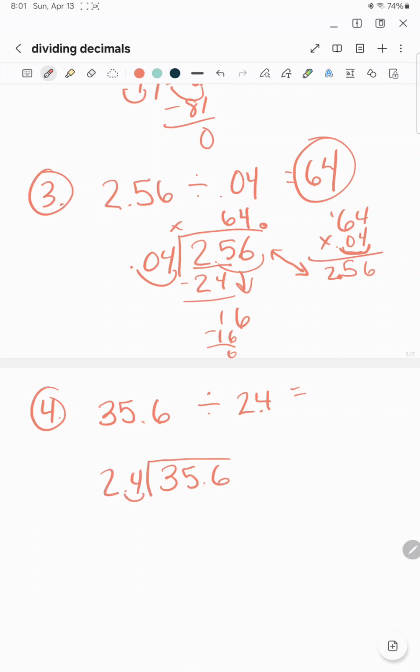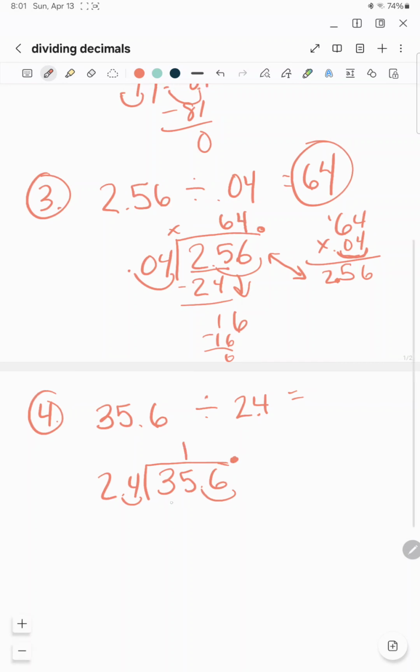Let's move that decimal, and drop it right there. 24 can go into 35 once, with 11 left over, bring down the 6. I'm thinking 24 is really close to 25. I can do quarters pretty well. 5 quarters would be 125, so that's going to be too much. So we have to do 4, which is $1, which is 100, with 16 left over.